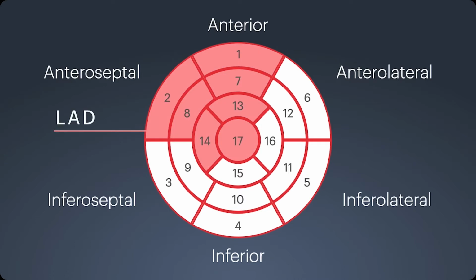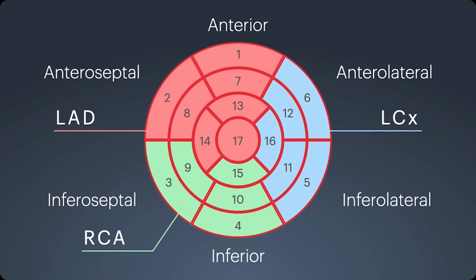Classically, the LAD distribution is primarily anterior and anteroseptal, extending all the way to the true apex. The RCA is more inferior and inferoseptal, and then the circumflex artery territory is essentially the lateral wall. Now, it's important to recognize that there can be quite a lot of variability in the coronary artery distribution.